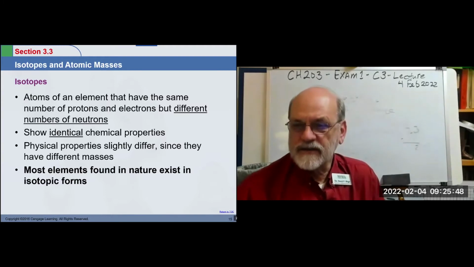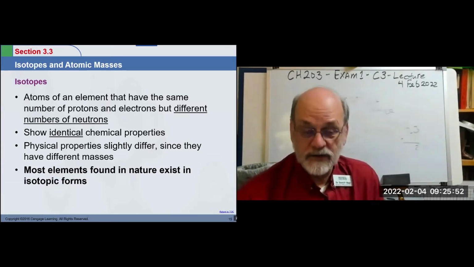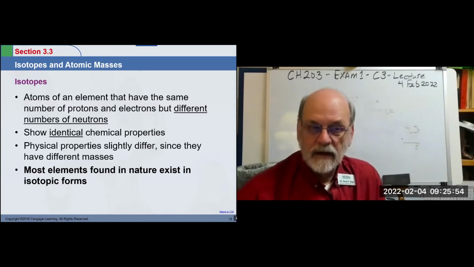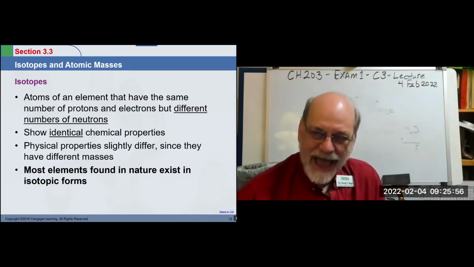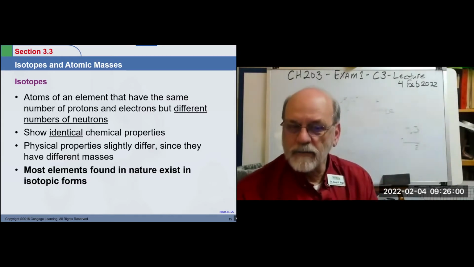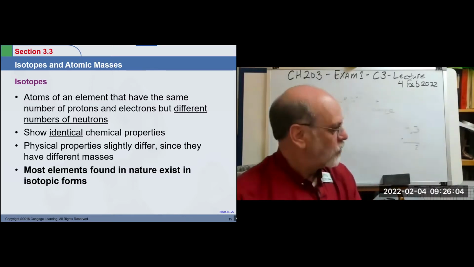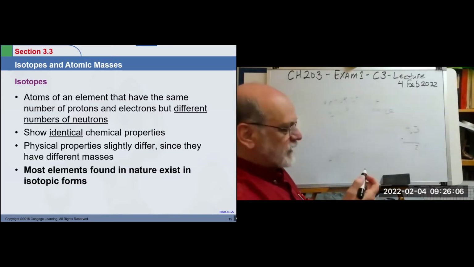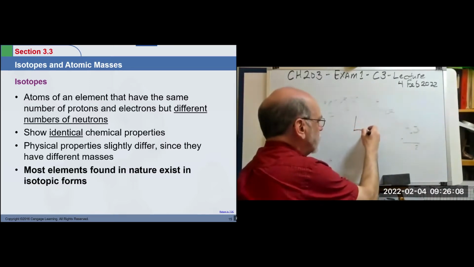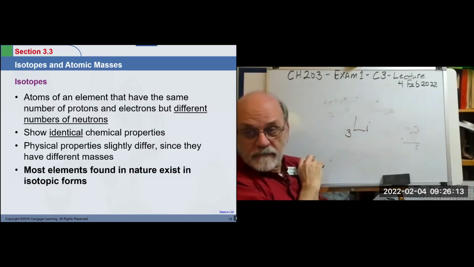Now we come to the concept of isotopes. I used that word earlier. Now I need to be sure and define it. An isotope is an atom of an element that has a different number of neutrons than its neighbor. So we could have lithium, which has 3 protons.